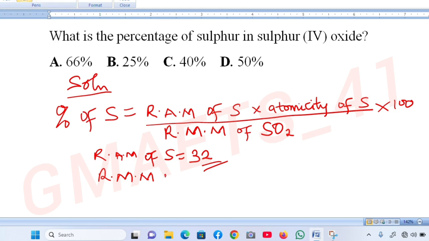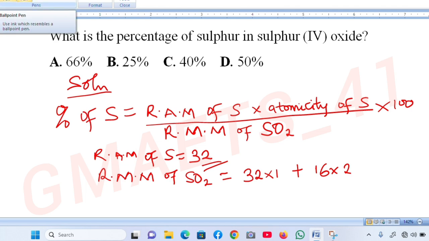To calculate RMM of sulfur IV oxide, all one has to do is the relative atomic mass of sulfur, which is 32, times the atomicity. The atomicity of sulfur here is 1. Take note. Are you following right? Then we're going to add it to the relative atomic mass of oxygen, which is 16, and then multiply by 2 atoms, because there are 2 atoms of oxygen in sulfur IV oxide.